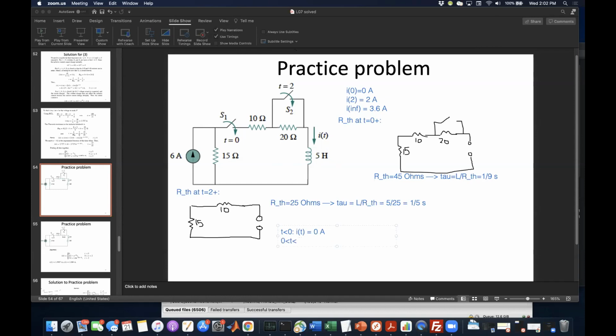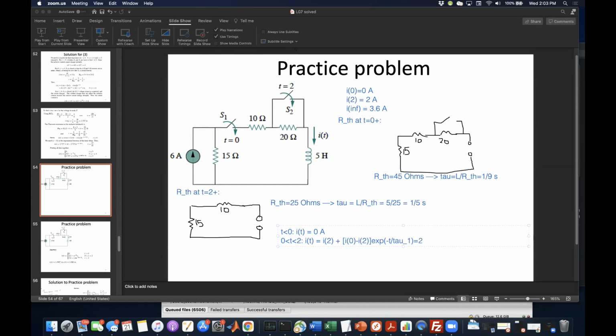So what about between time 0 and 2? After that first switch flipped, but before the second switch flipped, what we're going to do is assume that the steady state solution was the one that was reached when that second switch flipped, even though we know that it's not.